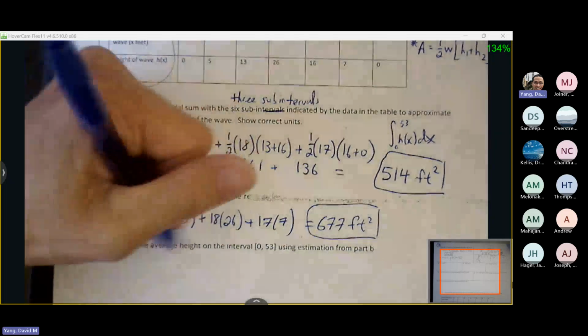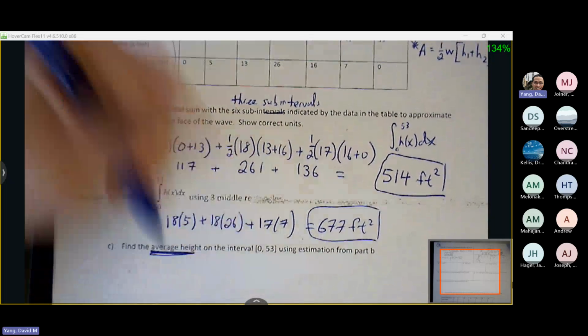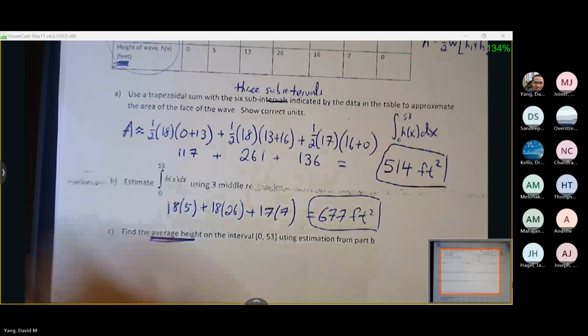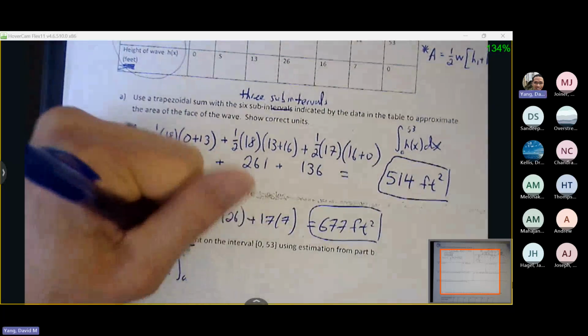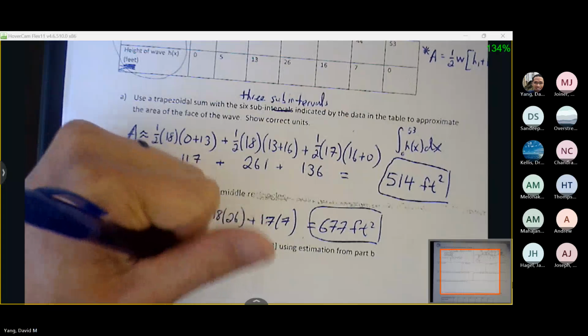Okay, average height. So this is average value theorem, right? So 1 over b minus a, integral from a to b of h of x dx.